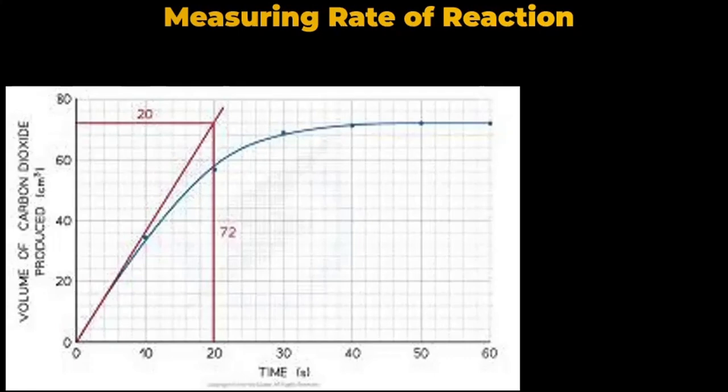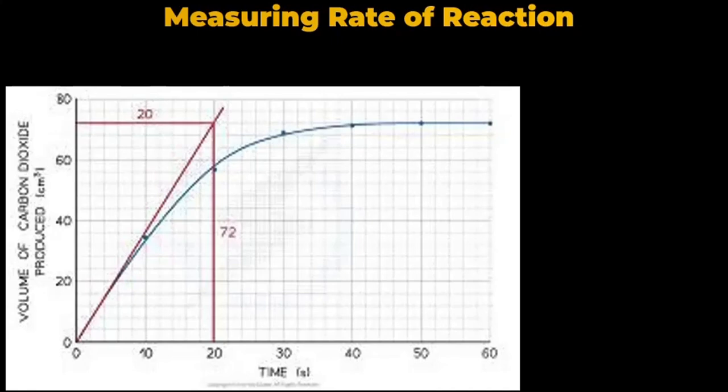Okay. Then you draw a straight line to touch the tangent, trace it to the time, then you also trace it to the volume. So on the vertical axis, you find the difference between the volume. So the initial volume is what is assumed to be zero.